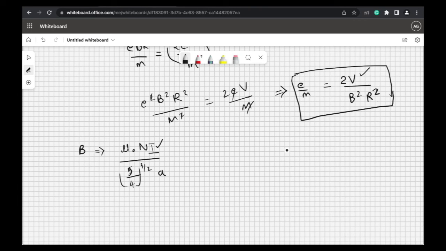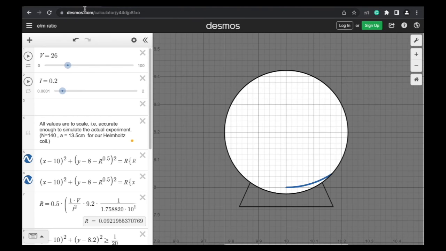I have prepared a simulation using Desmos, wherein I took N equal to 140 and A equal to 13.5 centimeters to calculate e by m. This is the simulation.